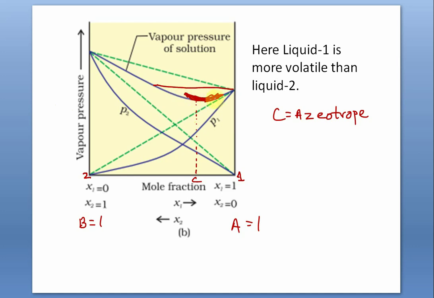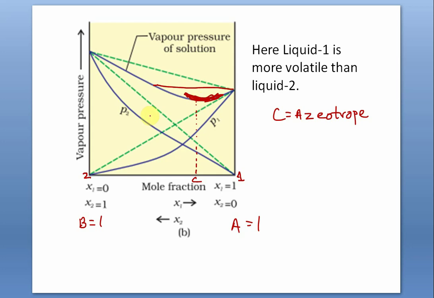When the intermolecular forces are much stronger than the intermolecular forces in the less volatile liquid. For example, sulfuric acid is the less volatile liquid, having a boiling point of 270 degrees centigrade, while water is 100 degrees centigrade. But in this composition, you will find the intermolecular forces are so strong that the vapor pressure is much lower than the vapor pressure of pure sulfuric acid.